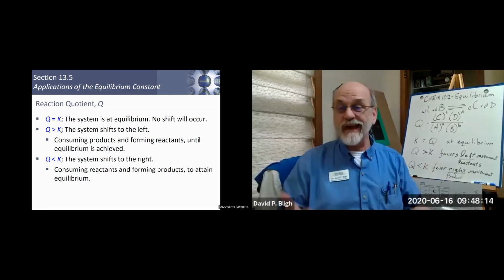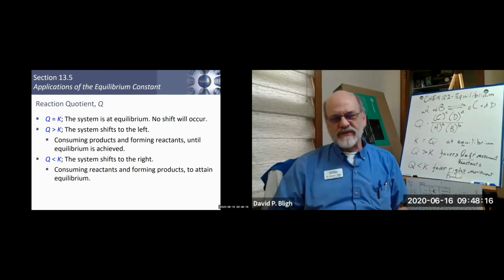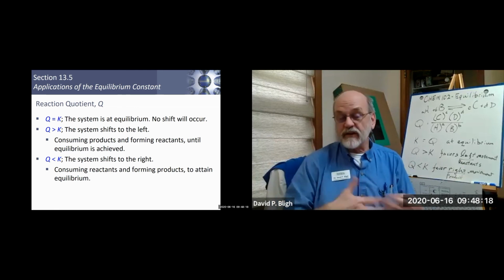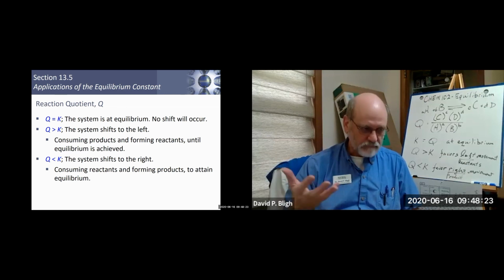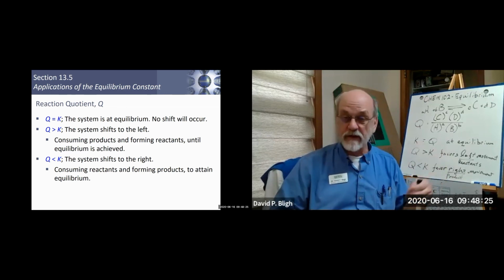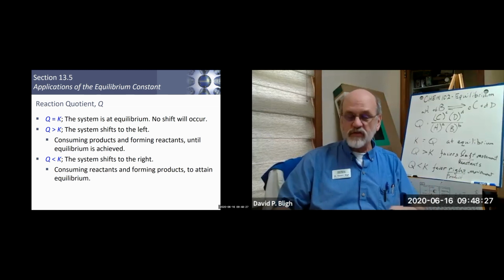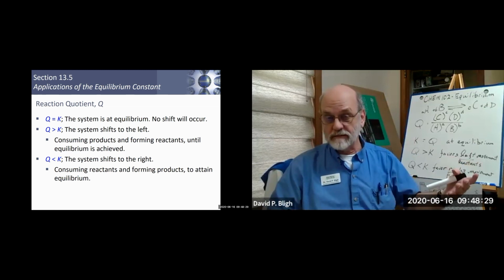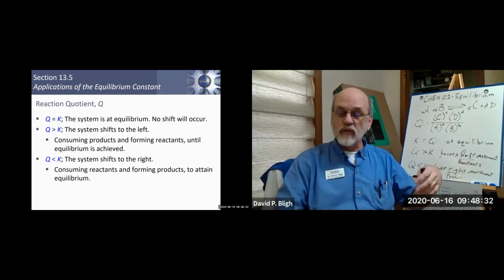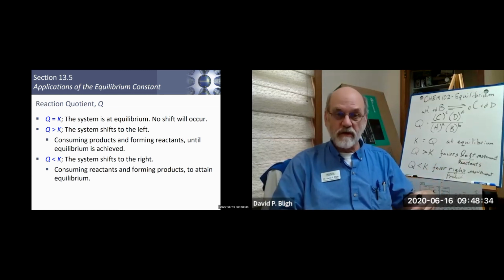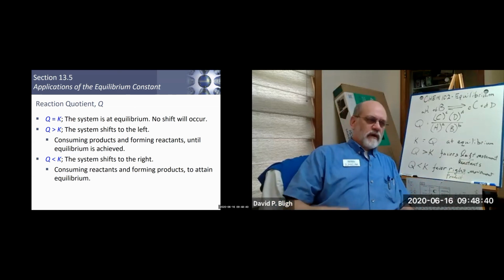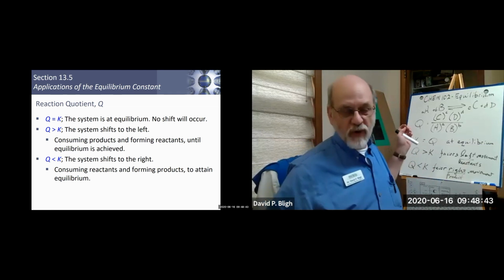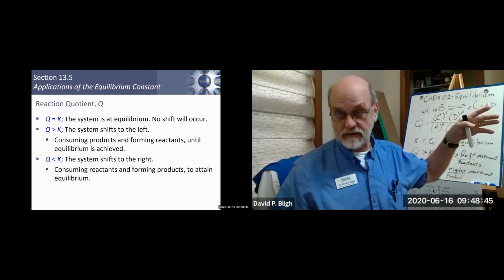Now, why should we care? Well, besides the fact that it's of practical interest when you're actually doing the experiment, whether it's going to move to the right or the left, particularly if it's extremely exothermic in one direction, right? Then you would want to know, is this reaction going to give off a whole bunch of heat, right? That might be a hazard. Or produce a lot of product, which is mostly gas, right?